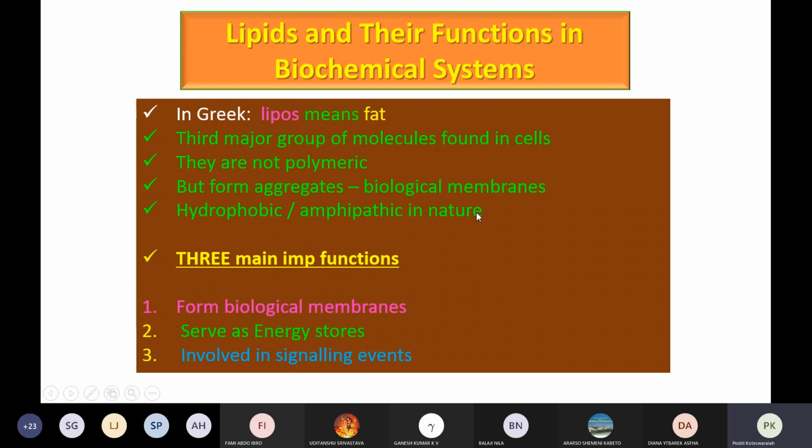These lipids are hydrophobic or amphipathic in nature, and they have many functions we'll be discussing in the next slide. But three important functions: lipids are involved in the formation of biological membranes, they serve as energy stores, and some lipid derived molecules are involved in signaling events, mainly phosphatidylinositol triphosphate and phosphatidylinositol diphosphate, and so on.